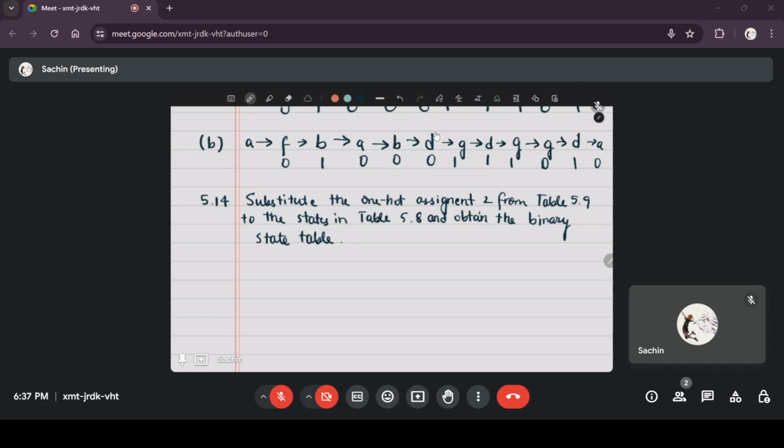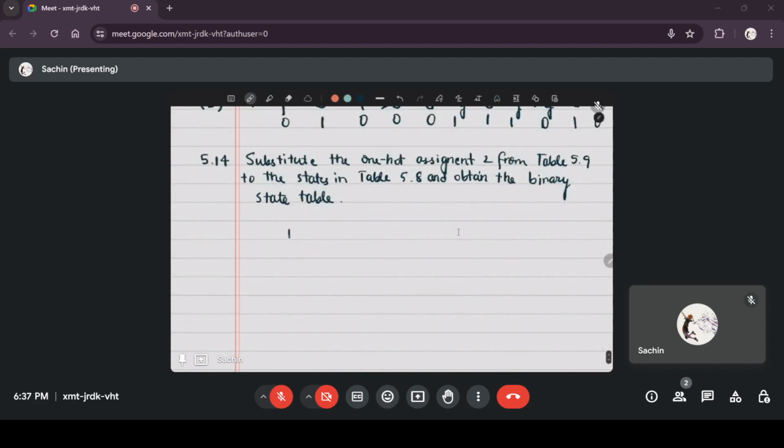There are two tables they are talking about, table 5.9 and 5.8. Let me see what those tables are first. Table 5.8 is as follows.